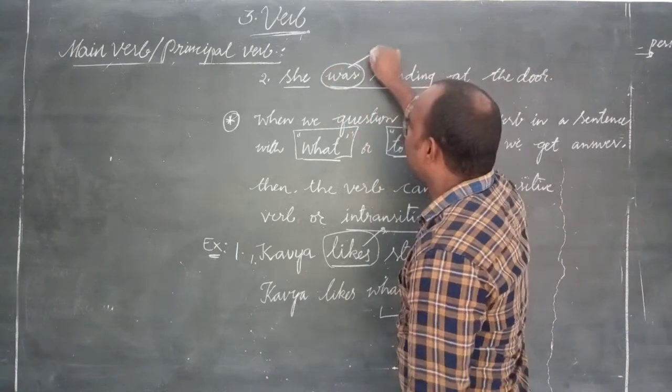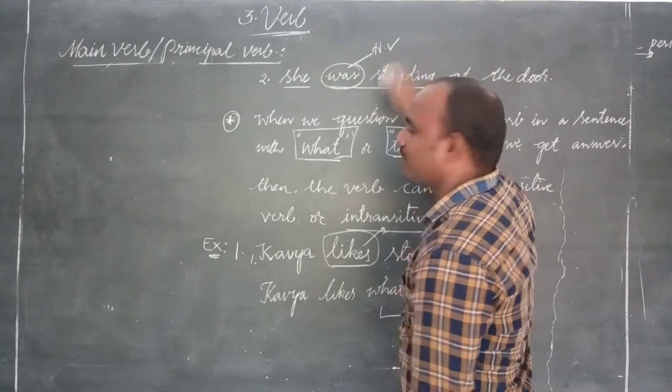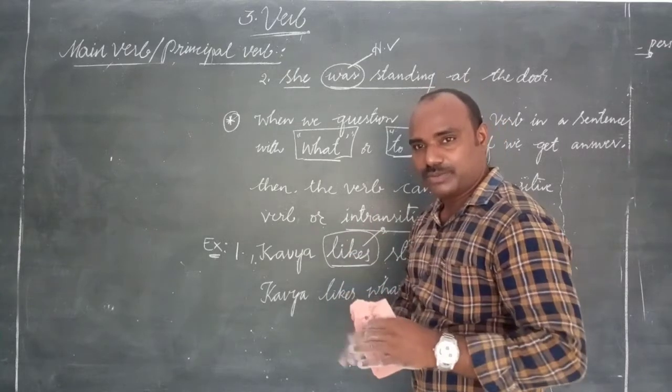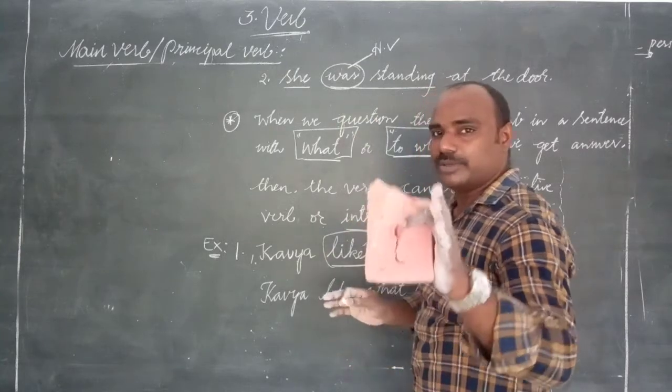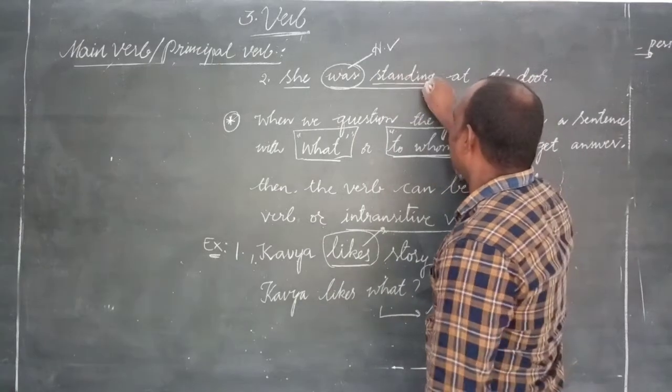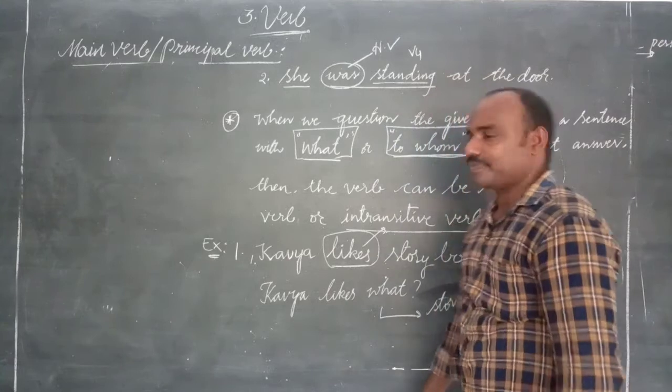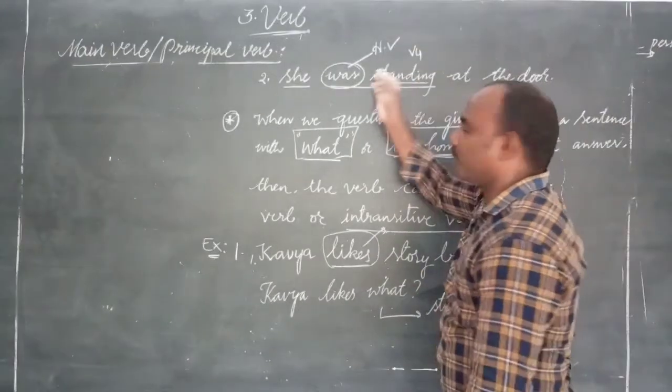Was standing. Was is a helping verb. We have discussed this in the third video. Was is, of course, a be form used as a helping verb to the main verb. Standing is the present participle. So totally this is a verb phrase. Verb phrase here means a group of words coming together, a helping verb and a main verb.